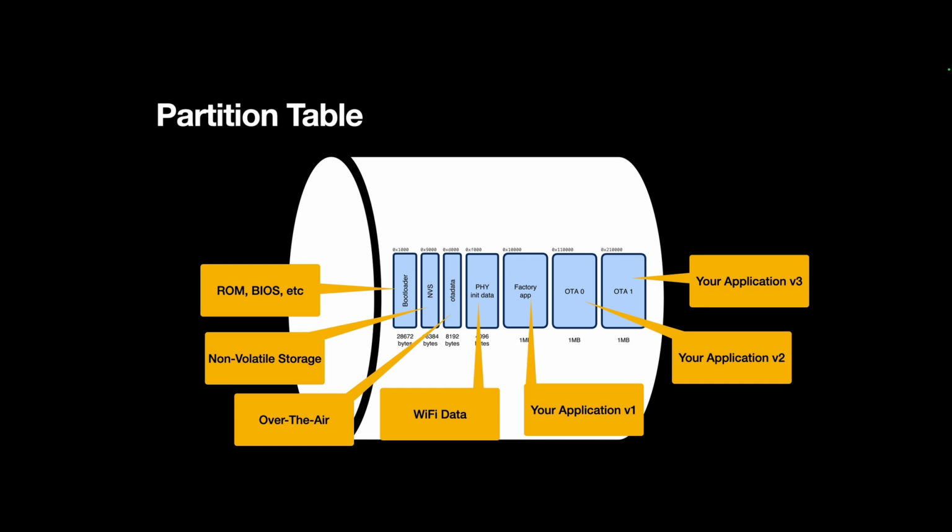If it's there, you download it, but you download it into another slot. So for example, OTA 0. And then if everything goes fine, there's no power failure or anything else in the meantime, the app is there, and you verified that the data is correct, then the pointer changes to OTA 0.